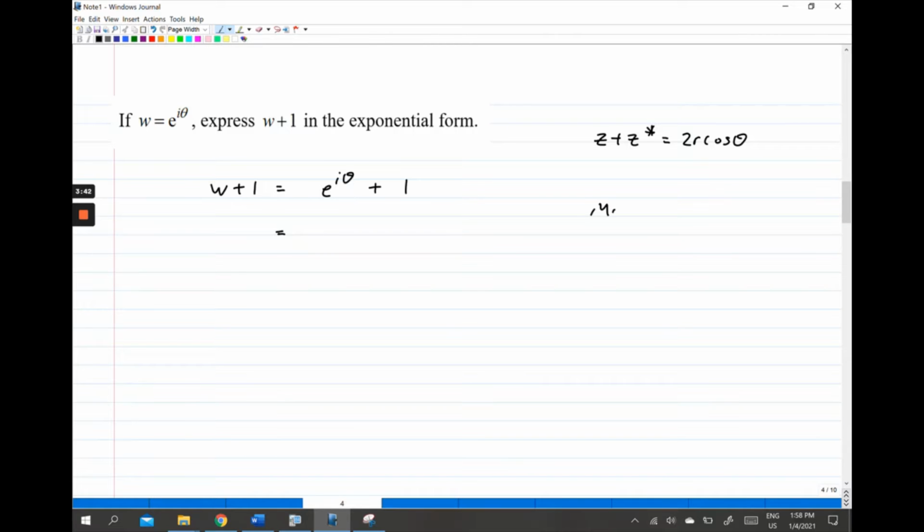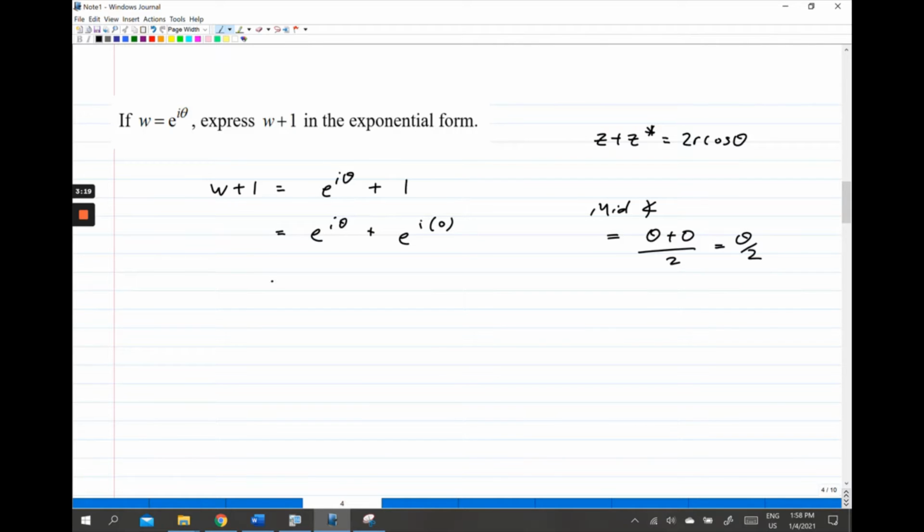Your 1 itself, if you express it in the re^(iθ) form, will be of this form. For the mid angle, we take the angle plus the second angle over 2, so this is going to be θ over 2.